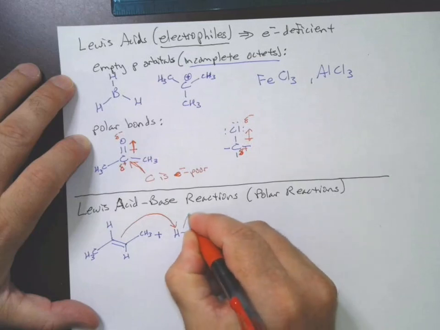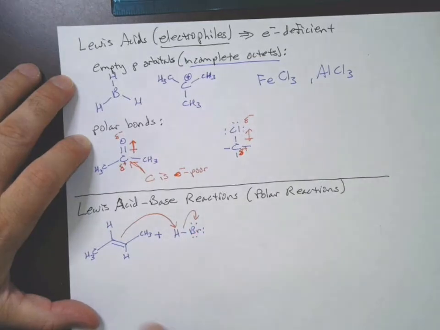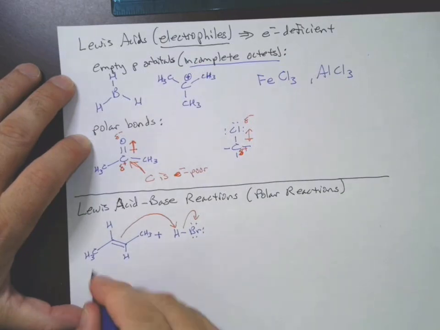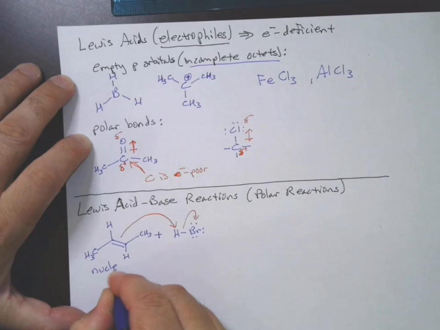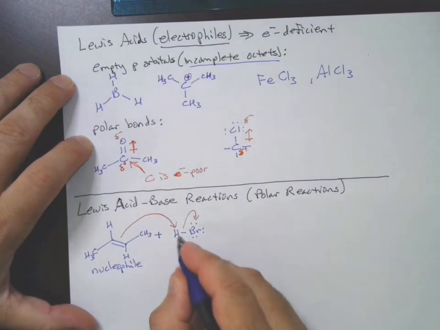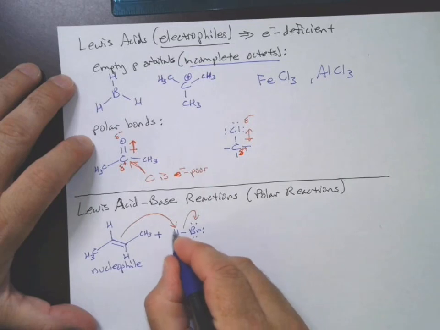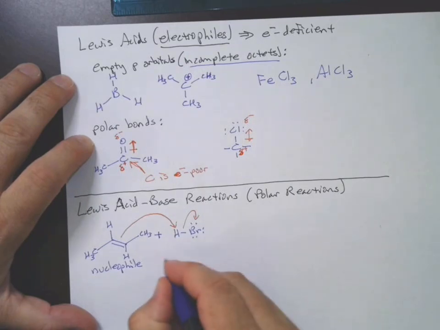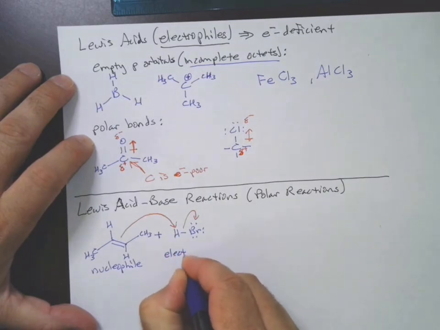So I could have something like this, where my extra electron density, my nucleophile, pulls off, in this case it reacts with this hydrogen here, which is going to be the electrophile.